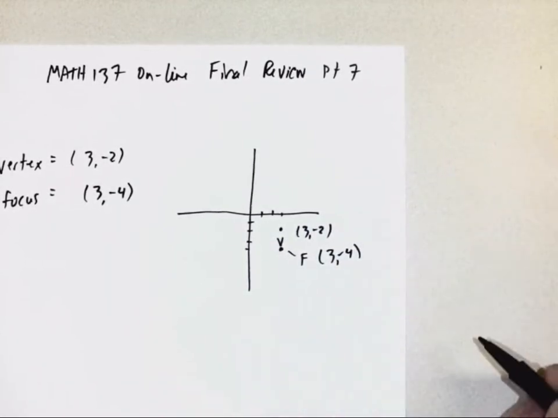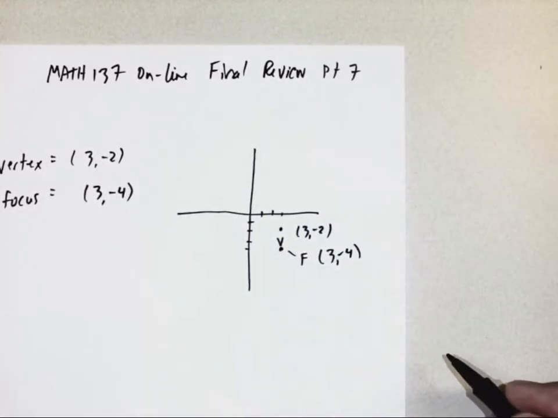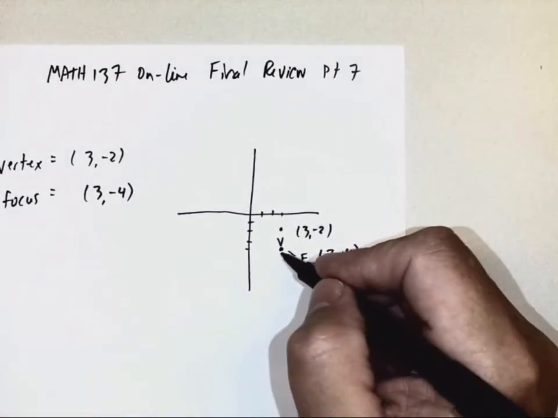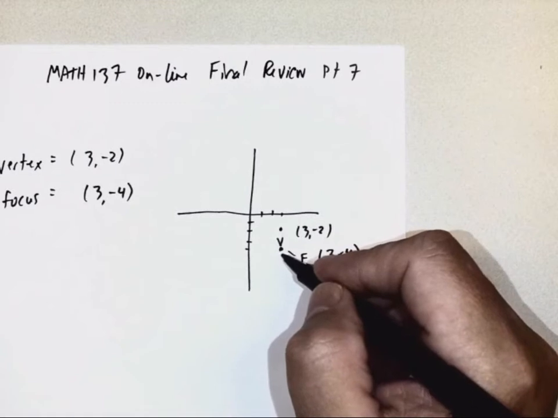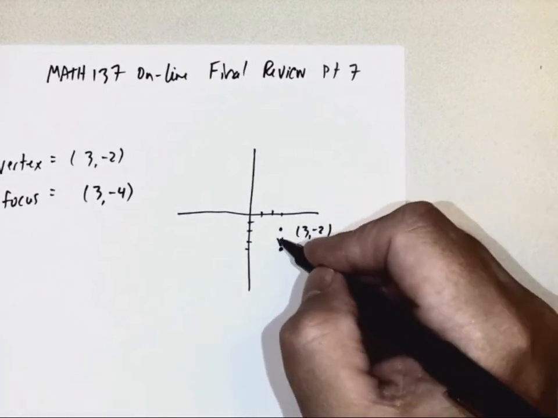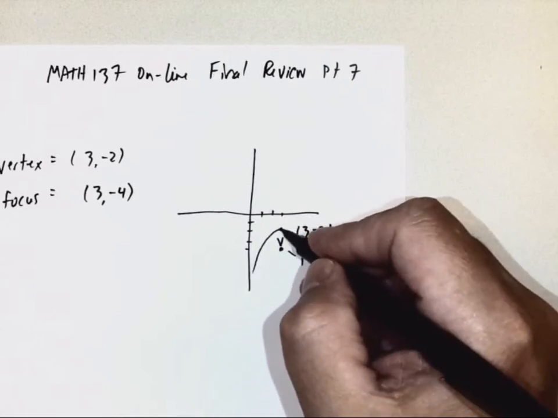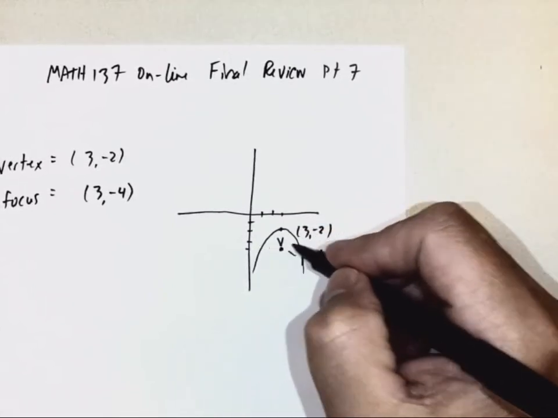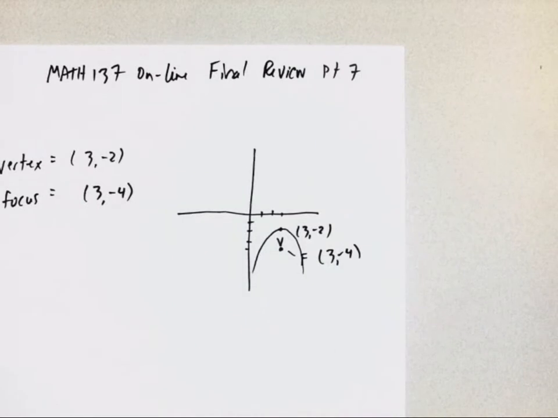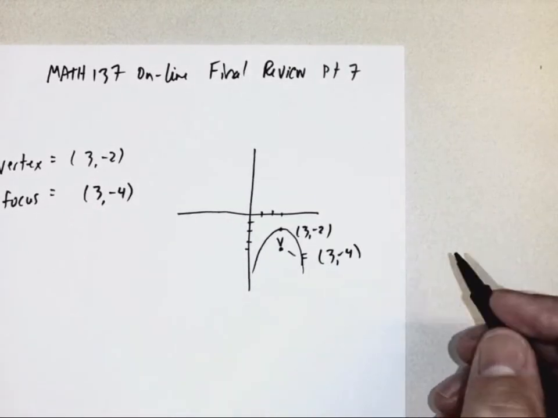Now the way parabolas work, the vertex is like the bottom or the top of the parabola, and the focus is inside the parabola. So just from knowing these 2 points, I know it's going to be something like this. I don't know how wide it's going to be, but it's going to look like that. So this is a parabola that opens down.